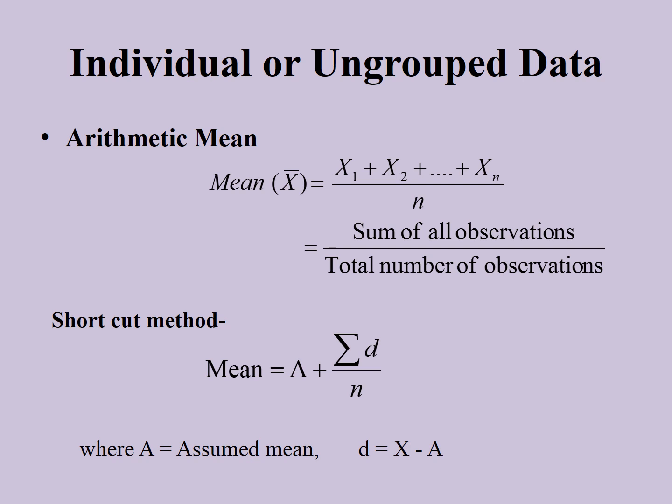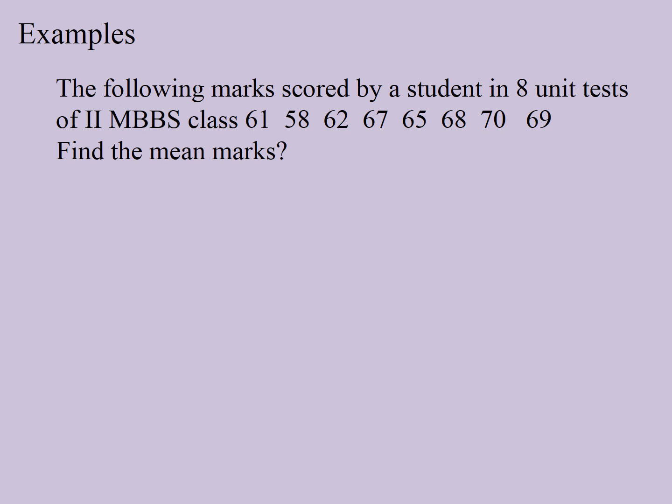With the help of an example, I can show you how to calculate the mean with the normal as well as the shortcut method. So the example is on screen. Students, start calculating the mean of this given data set. I read the example.